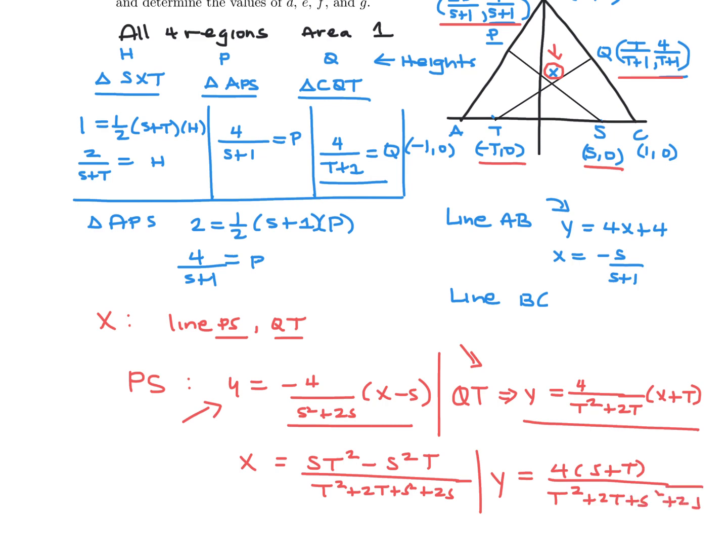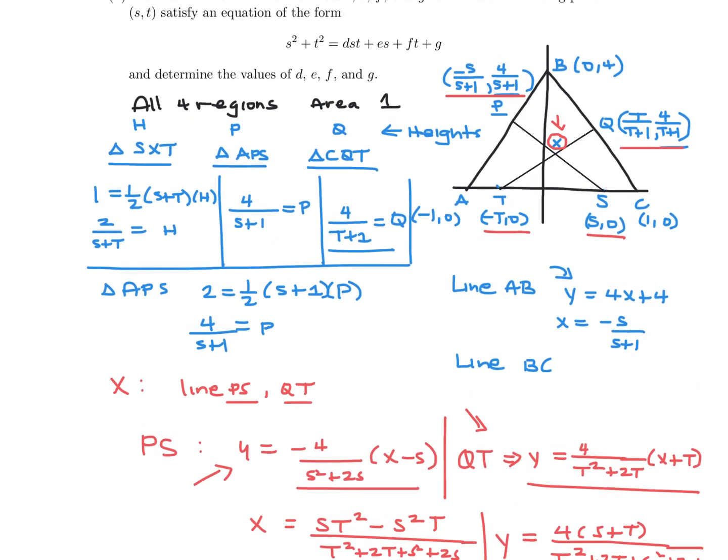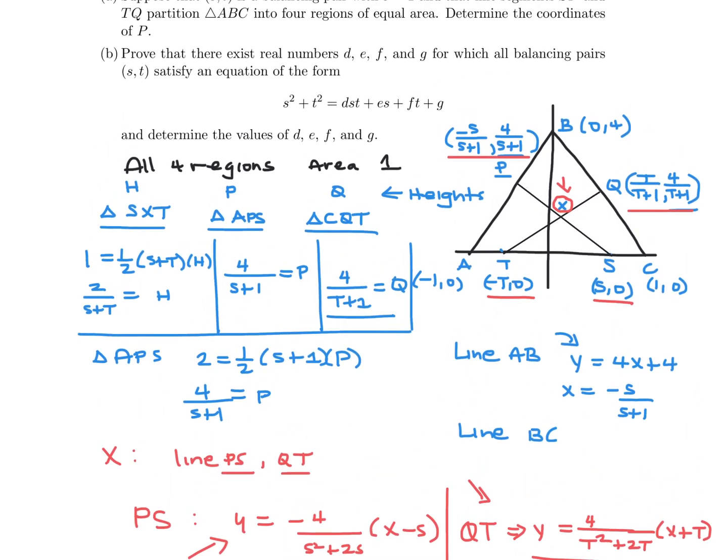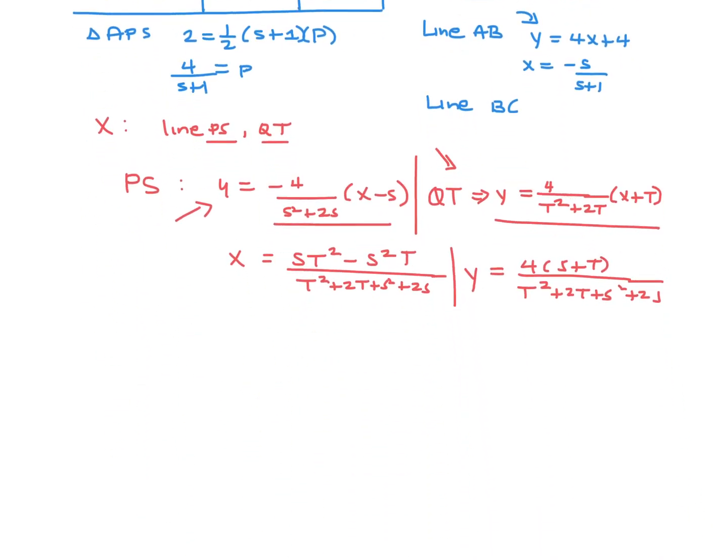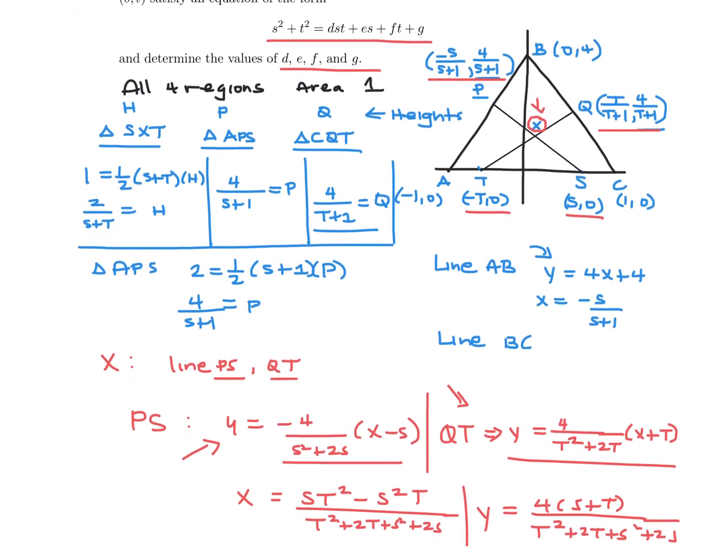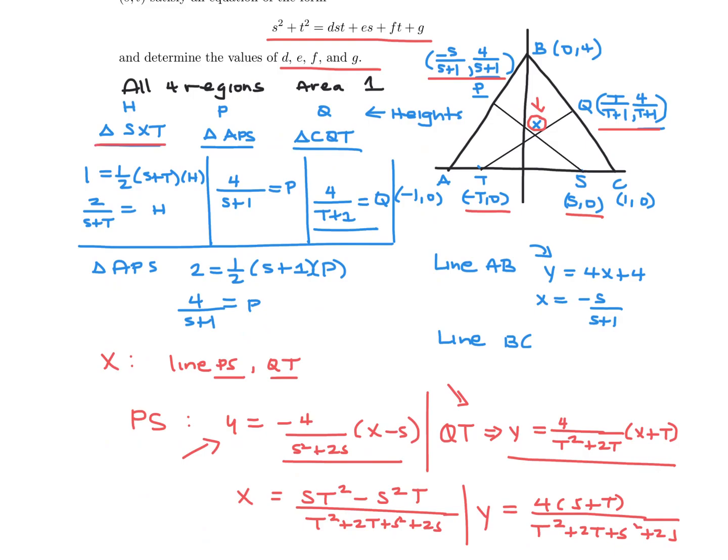So what are we trying to figure out? We are trying to figure out this kind of equation here, and then trying to figure out the integer values. How do we get that equation? Recall that at the very beginning in triangle SXT, I had denoted the height as h.